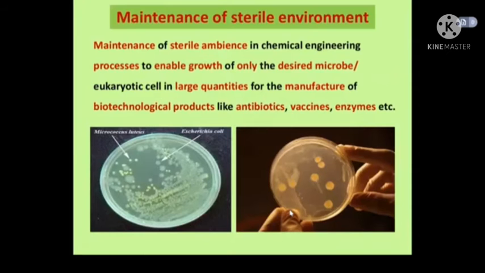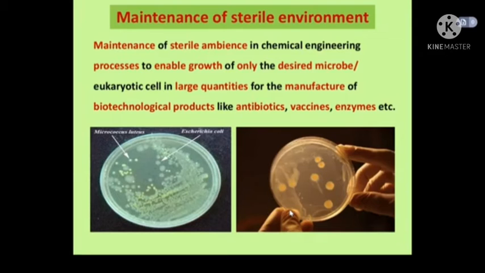Maintenance of a sterile environment. That is the second principle. The sterile ambience is very much essential because whatever we plan to grow only should grow in the medium of selection. So for that, 100% maintenance of a sterile ambience is necessary.